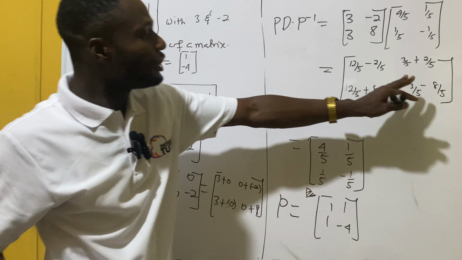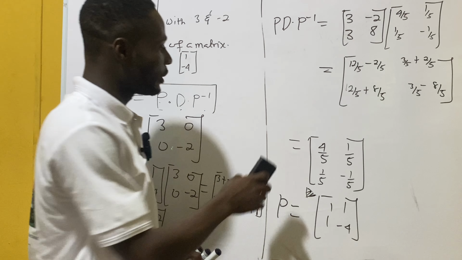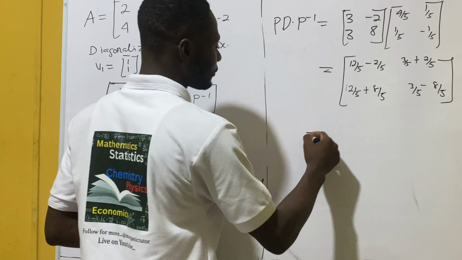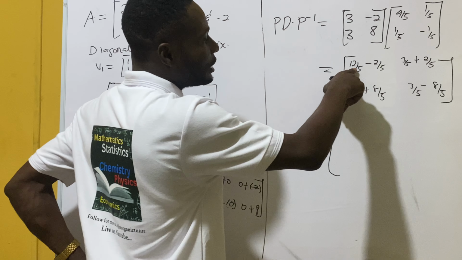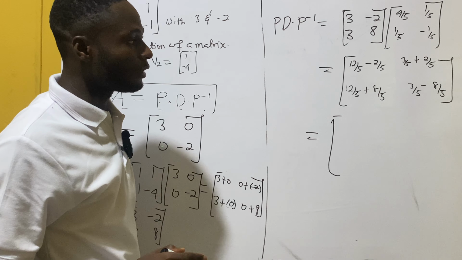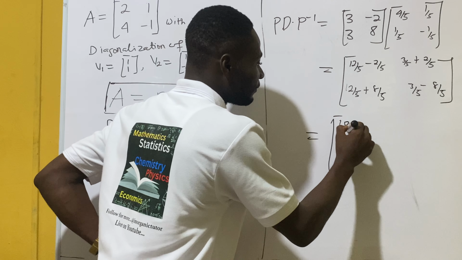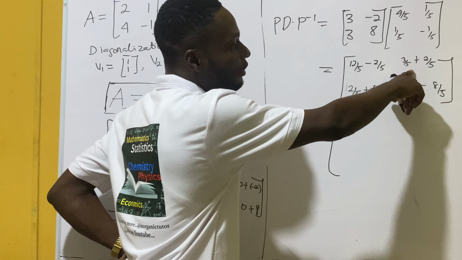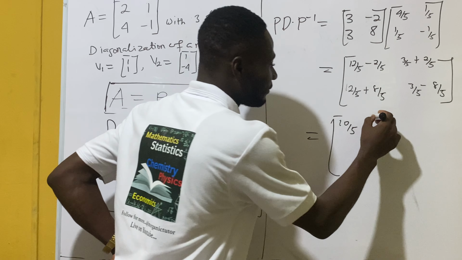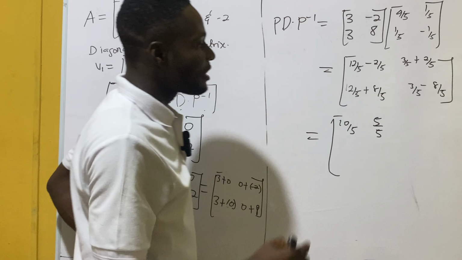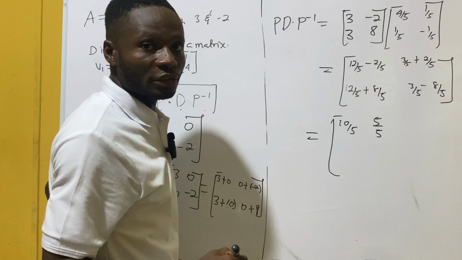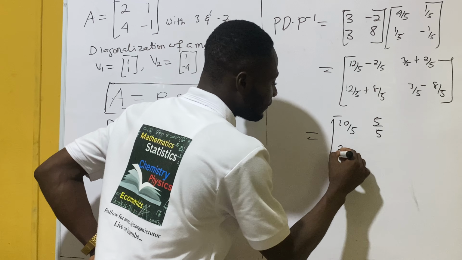So we do these computations very carefully. We have 12 on 5 minus 2 on 5, which is basically 10 on 5. Then 3 on 5 plus 2 on 5 is basically 5 on 5. Then 12 on 5 plus 8 on 5 is basically 20 on 5.